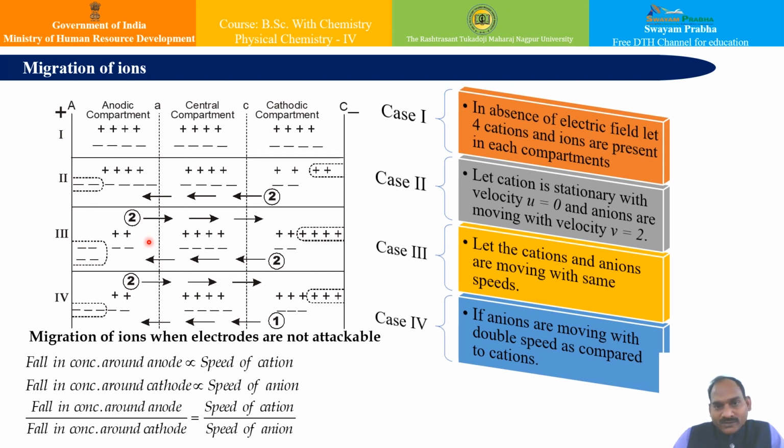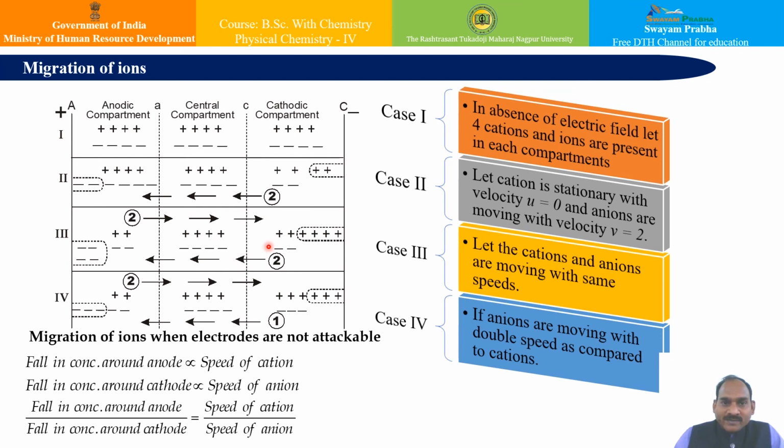And therefore there are excess opposite ions in each compartment. Look, you can see here 6 cations and 6 anions are present. So they will be discharged at those electrodes. And the central compartment remains unchanged.